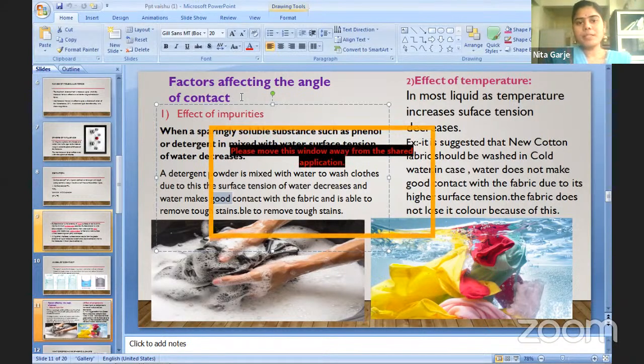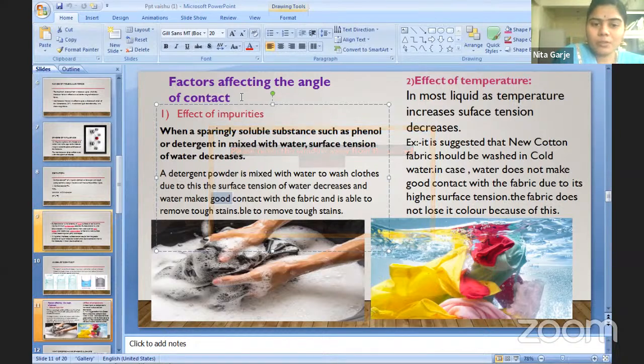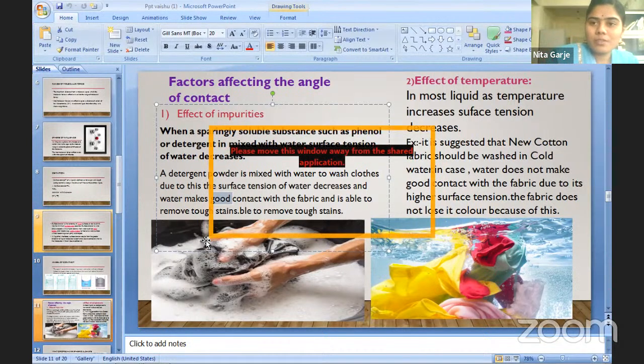When soluble impurities, like phenol or detergent, are mixed with water, the surface tension of water decreases, so the water makes good contact with the fabrics and the tough stains are removed. That is why we daily use surf or other detergents to wash clothes.